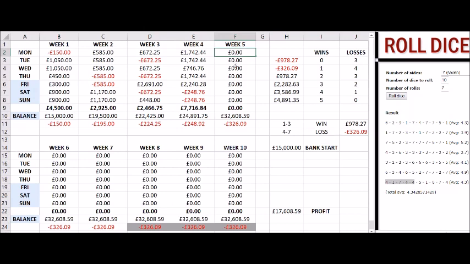So week number 5 is, let's roll the dice. 1, 2, 3, 4, 5. So it was a 1 and a 4, so that's now minus.